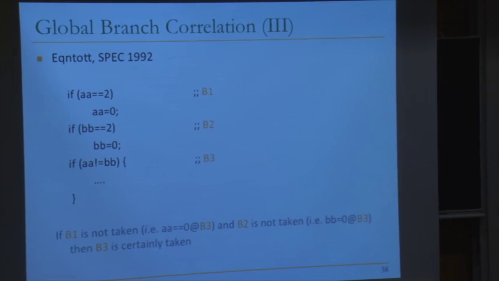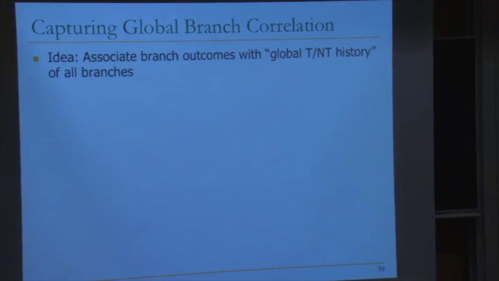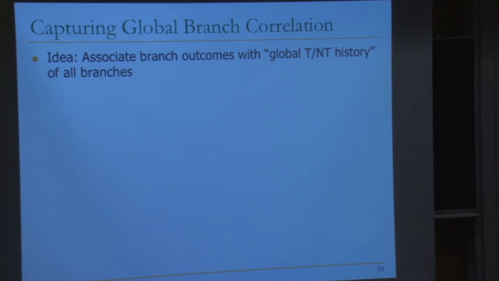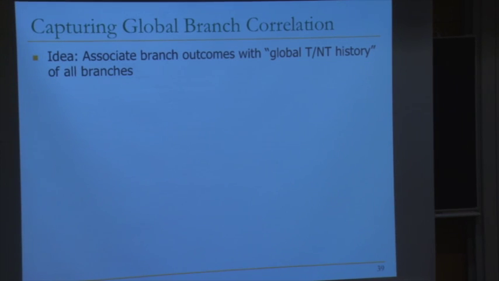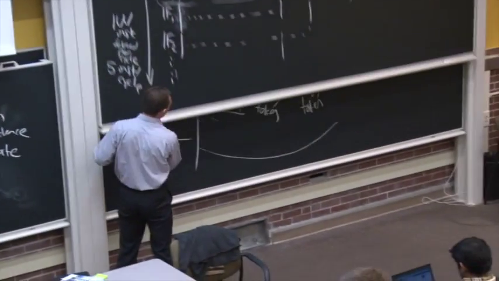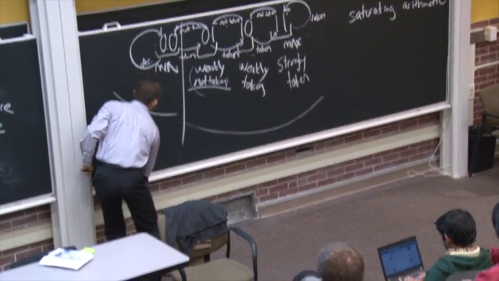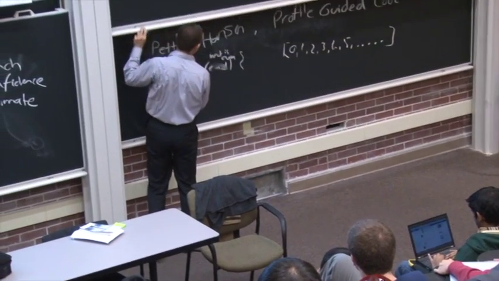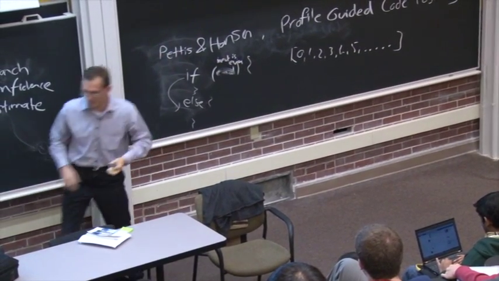Okay, so how do you capture something like this? The idea is to associate branch outcomes with the global taken or not taken history of all branches. So instead of having a history for a single branch, why don't we have a history of all branches? Let's say all recent branches that we've executed.